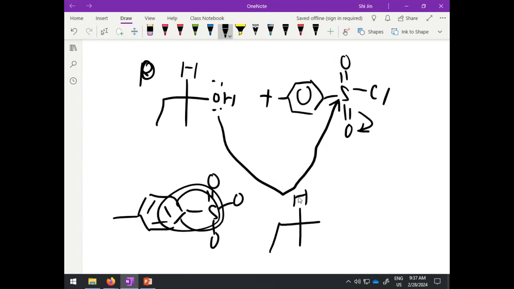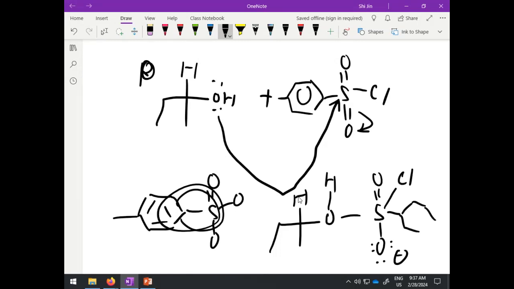I want to keep the configuration, so it's easier to draw it this way. This one connects to this, and obviously this is going to be a positive charge.